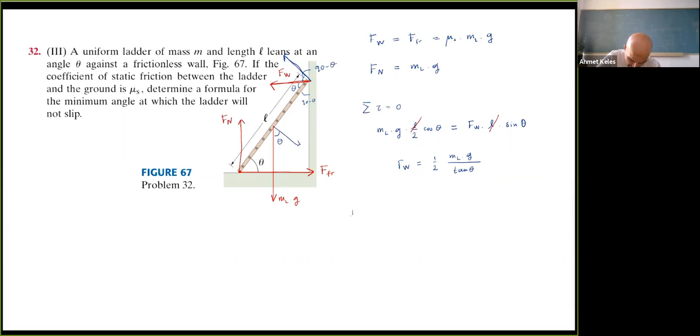And 1/2 m ladder g divided by tangent is equal to mu s m ladder g, then tangent is equal to 1 over 2 mu s, then theta is inverse tangent of 1 over 2 mu s.